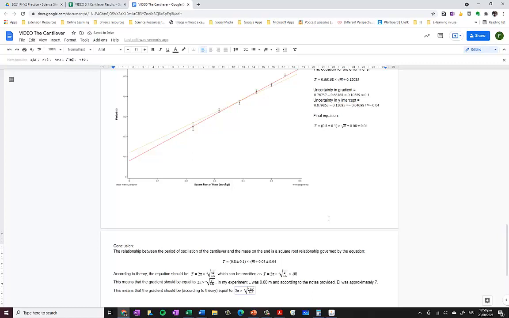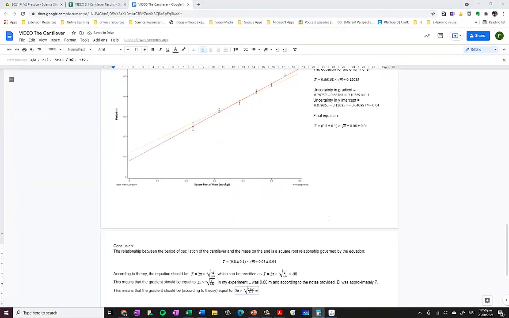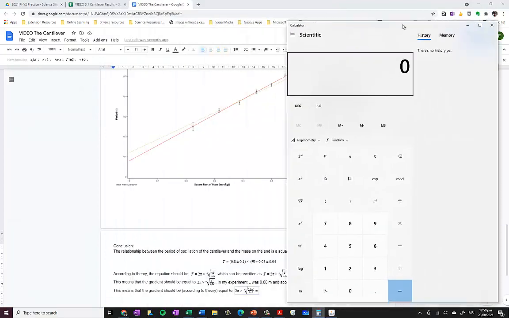And if we compute what that is, we get, this calculator is quite annoying in how it works, but I'm going to use it anyway.